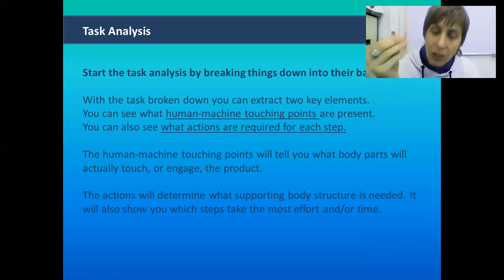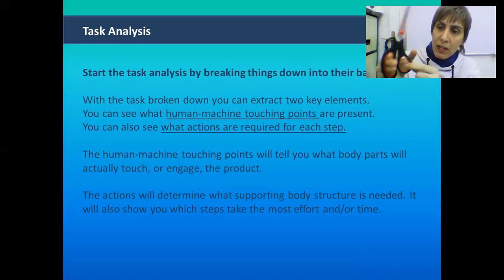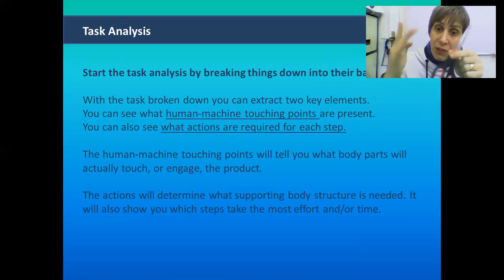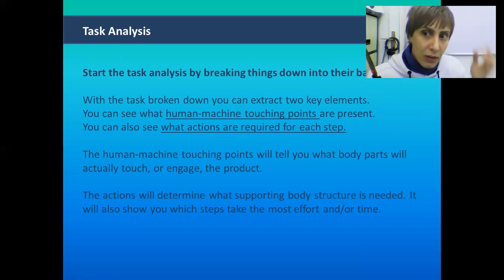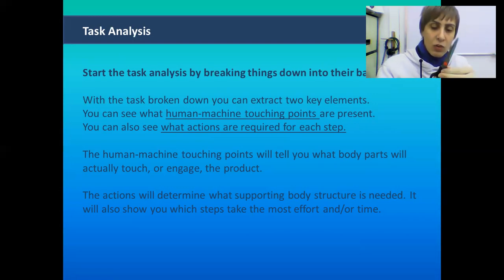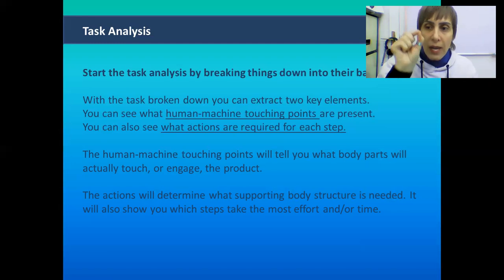With the fingers? With which fingers? Do I put this finger here or do I put these fingers here? There is a difference, okay? You need to make sure that you explain every detail. So what are the human-machine touching points, and where?